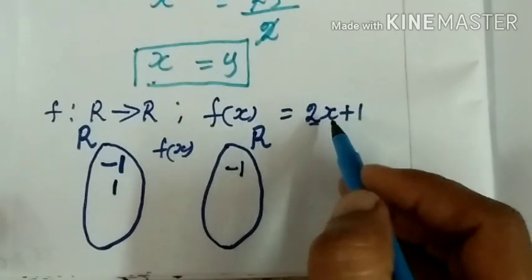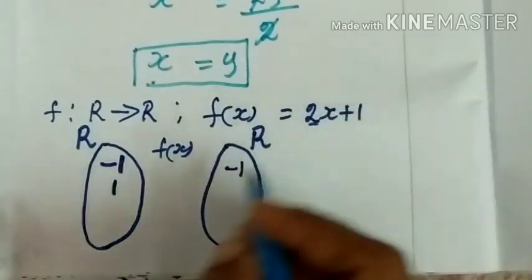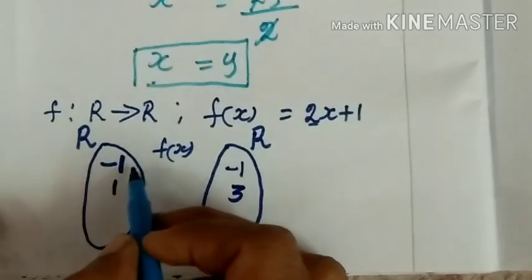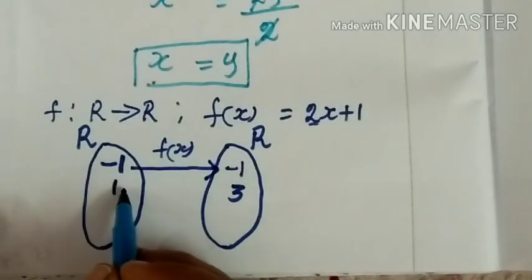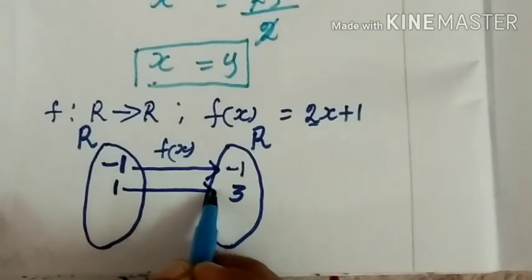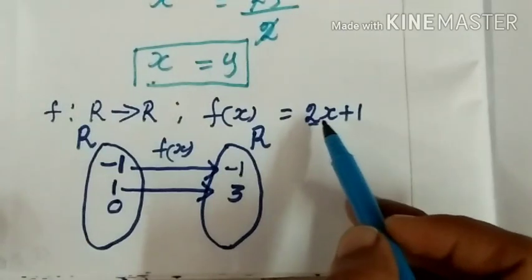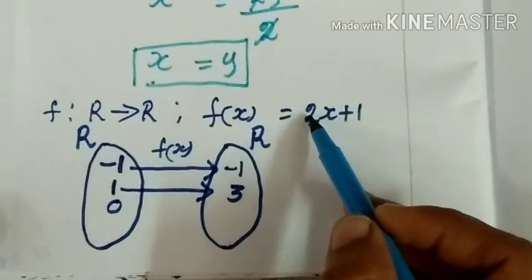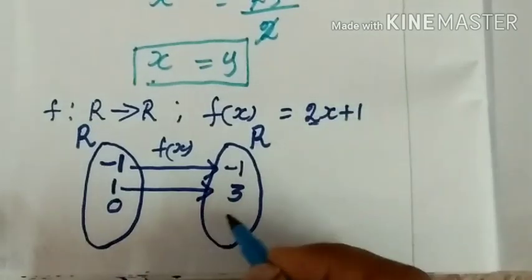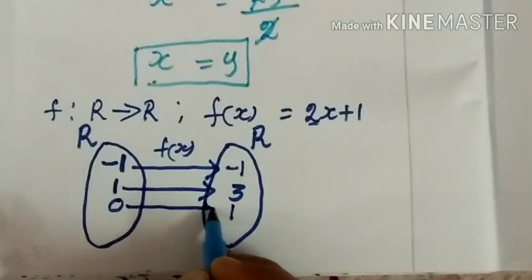Then you apply 1 here, we get 2 into 1, 2, 2 plus 1, 3. So minus 1 is mapping to minus 1, then plus 1 is mapping to plus 3. Then next I will take 0. Then you apply 0, here 2 into 0, 0, 0 plus 1, 1. Therefore 0 is mapping to 1.